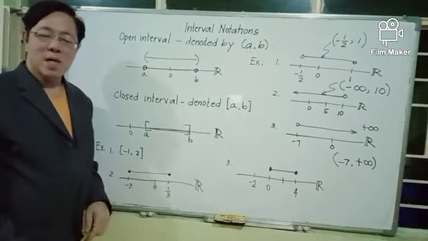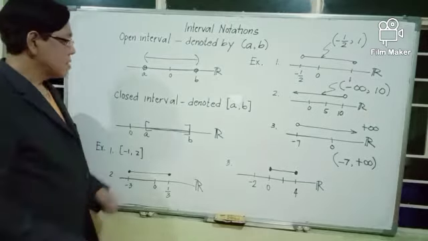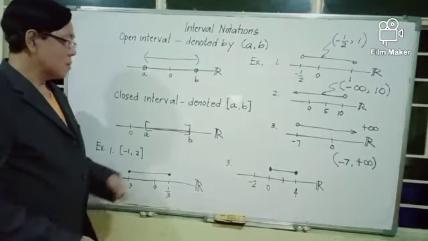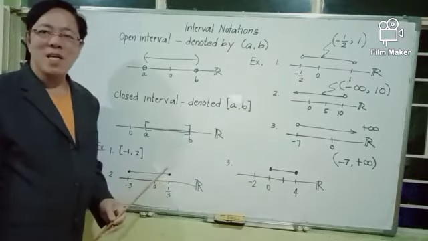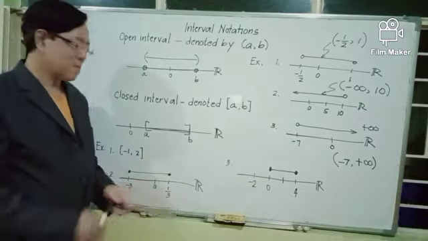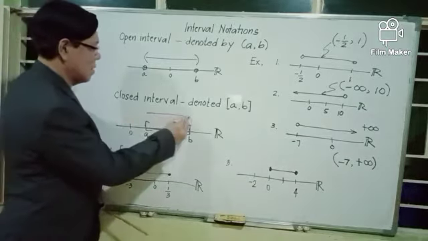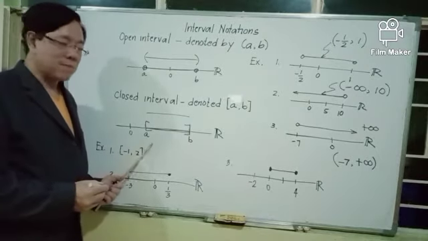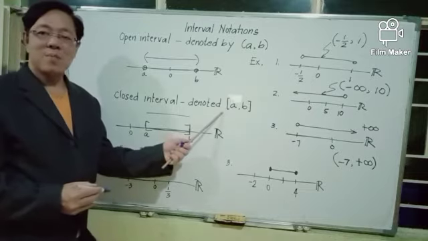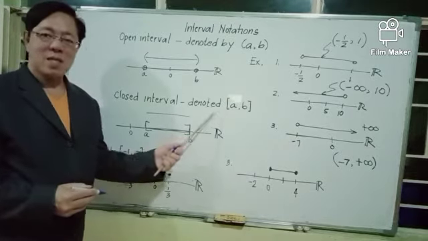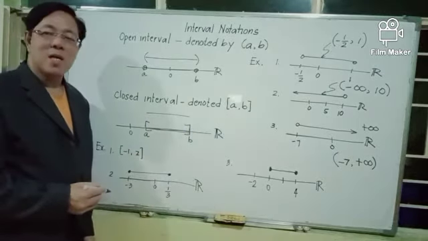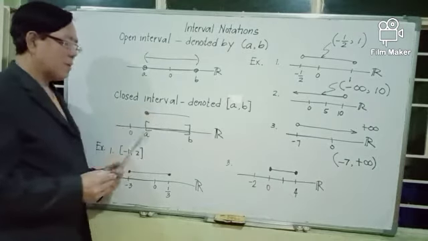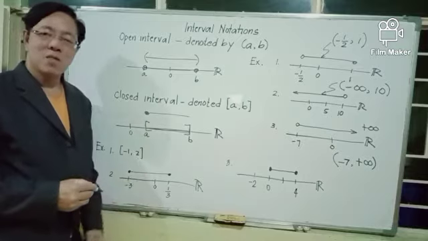In some other books, the closed interval is represented also in this way. The closed interval AB is the set of real numbers from A to B, and the real number A is included in the set as indicated by this bracket. In the diagram, we indicate that by a shaded small circle.